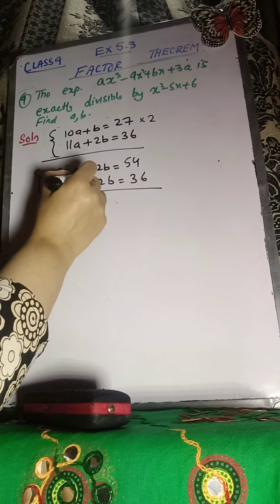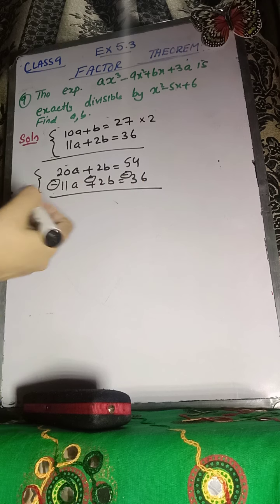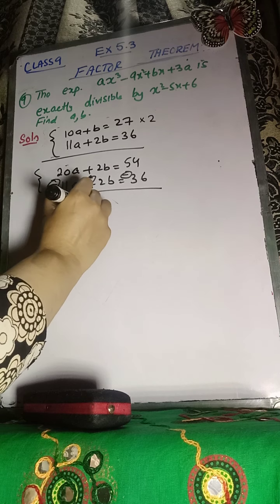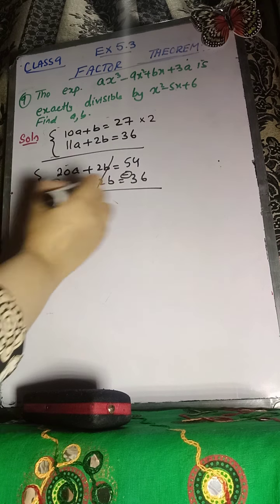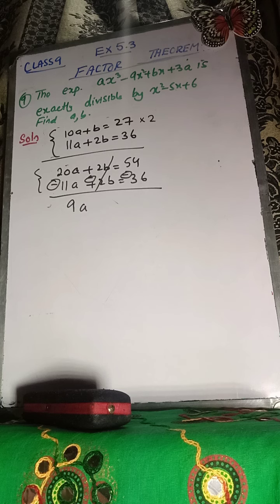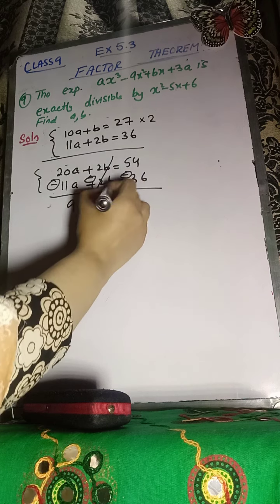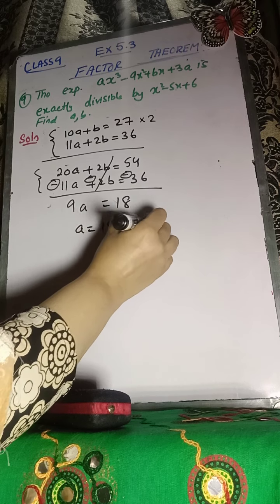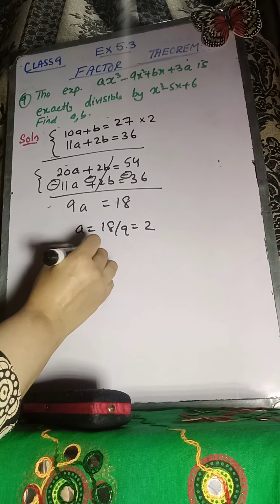Subtracting these two, 20 minus 11 will be 9a, and the 2b will cancel out. 54 minus 36 gives us 18. Yes, 18. So a will be equal to 18 by 9, which is equal to 2. So a will have a value of 2.